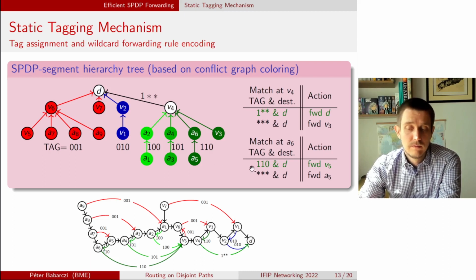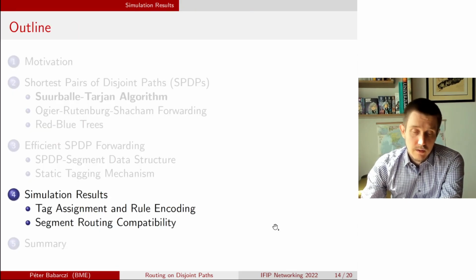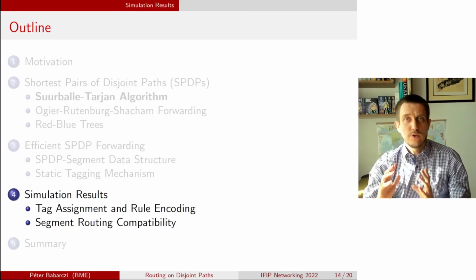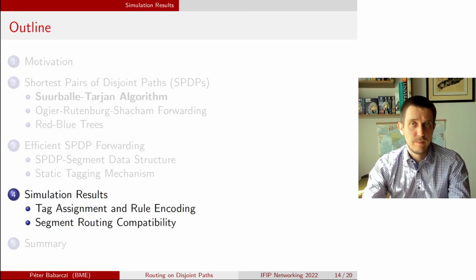Also, if a node, for example A6, has child nodes only with a single color, then an exact match will be sufficient. Okay, so this is how we address these shortest pairs of disjoint paths.